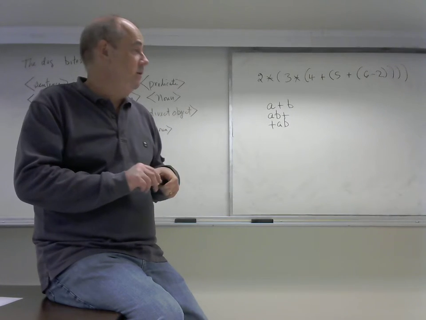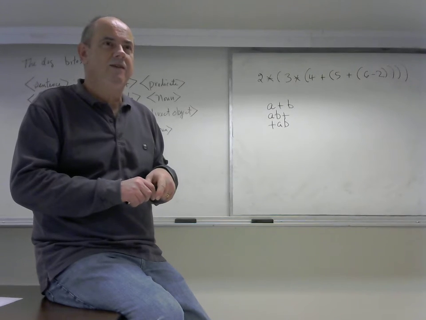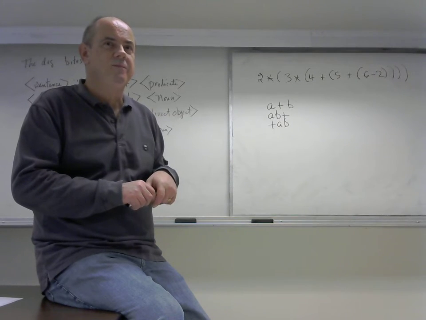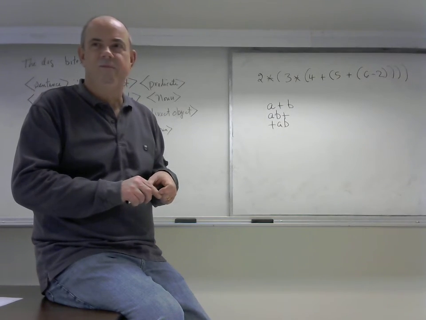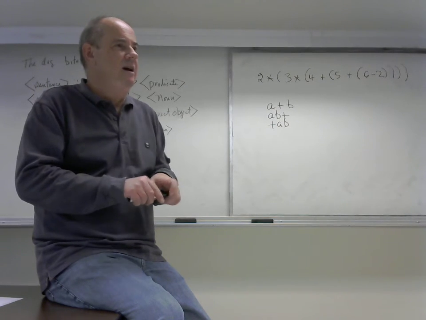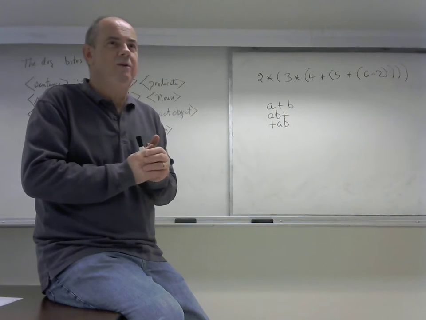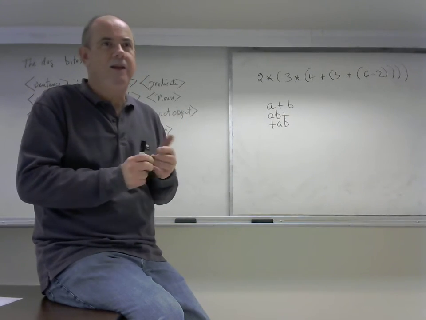Can you give me an algorithm for processing that without converting it to prefix or postfix? Now imagine I said, okay, pop quiz. Everybody take out a piece of paper and give me an algorithm for processing this and coming up with the answer.